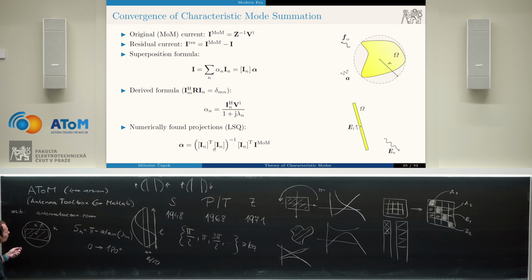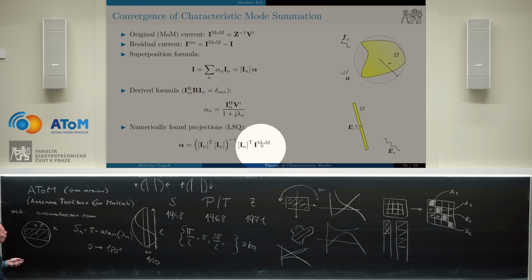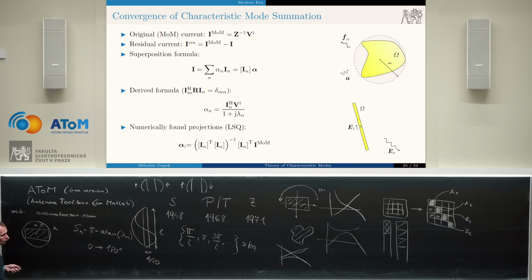So you may imagine that these weighting coefficients are not the most precise ones because there are some numerical errors and so on. So if we know what the reference solution is, we can ex post find the most suitable weighting coefficients for our problem. And then let's take a look at the results.